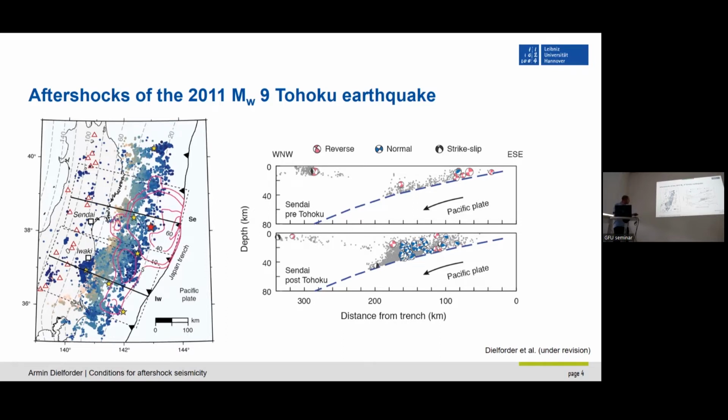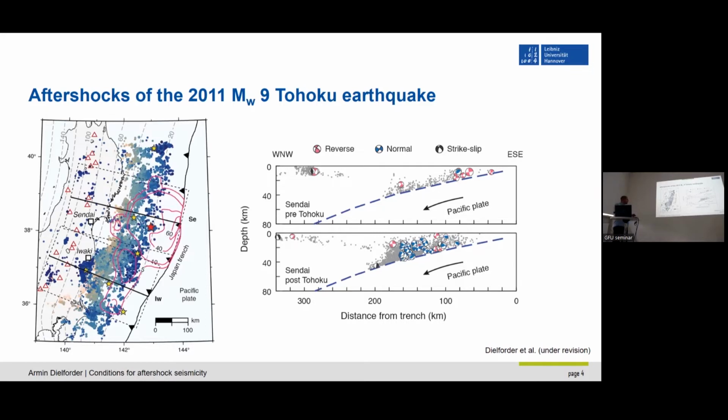And this shows the situation after the earthquake until the end of 2011, approximately 300 days after the earthquake, integrated over those 300 days. And you see that we have all these little gray dots. That is a massive increase in the seismicity, affecting large volumes of the forearc.